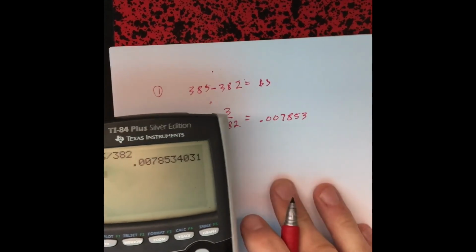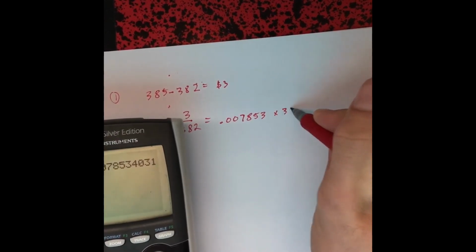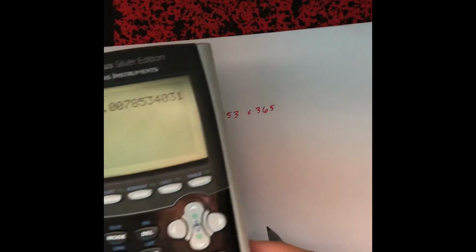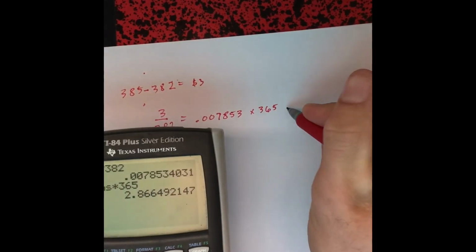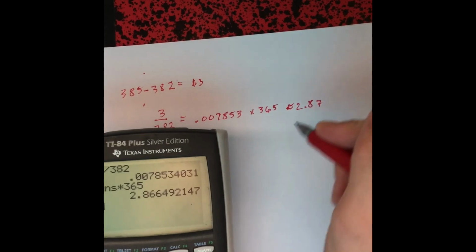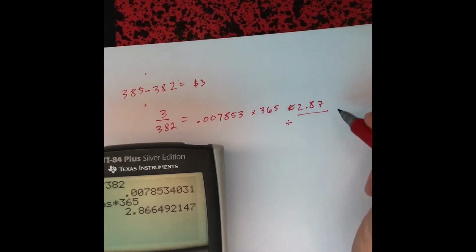You're going to multiply that number times 365 days, and so times 365, that's 2.87. And then you're going to divide that by the number of days.